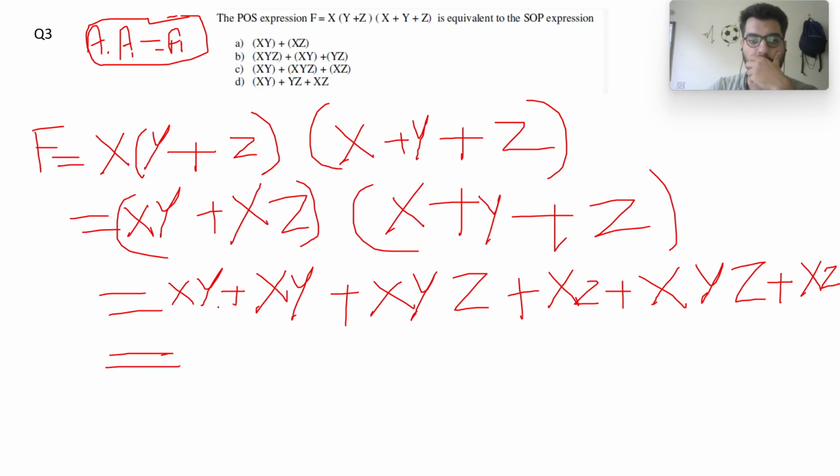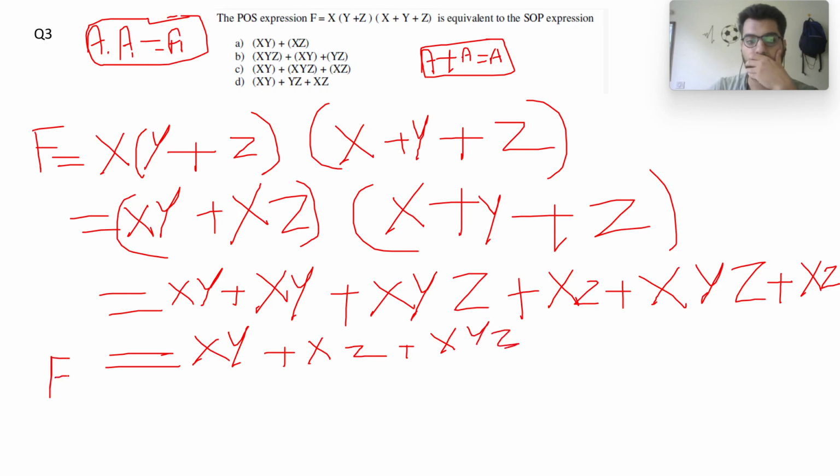So xy plus xy is xy, because a plus a is also equal to a. xyz plus xyz is xyz, and xz plus xz is xz, so it's xz plus xyz.